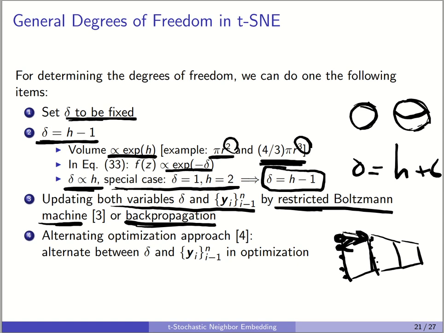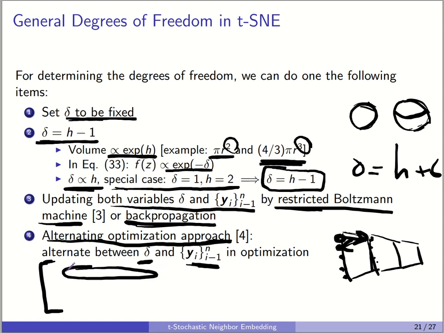We can also use alternating optimization approach, alternate between finding degrees of freedom and embeddings. So in alternating optimization problem, we iterate. In each iteration, first we update delta using gradient descent, for example, then we update the embeddings. Then using the updated embeddings, we update delta again.